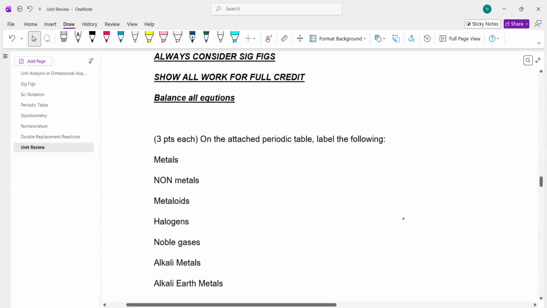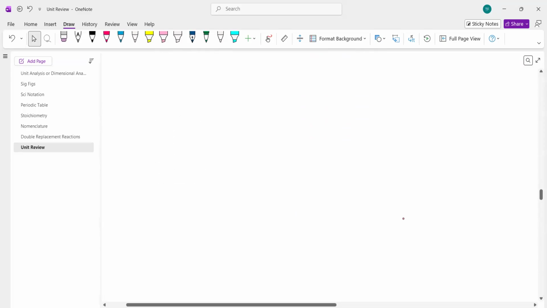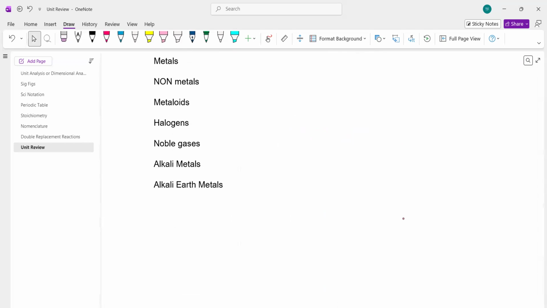All right, I want you to find these parts on the included periodic table. Like memorize them.